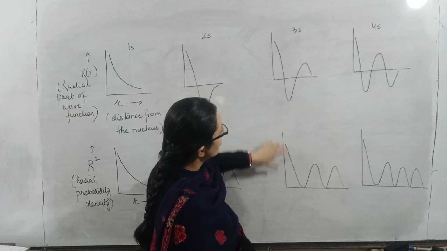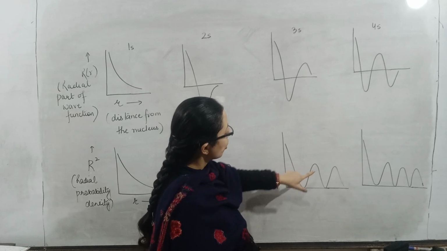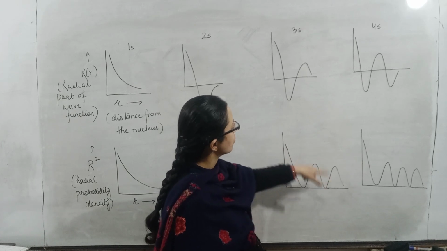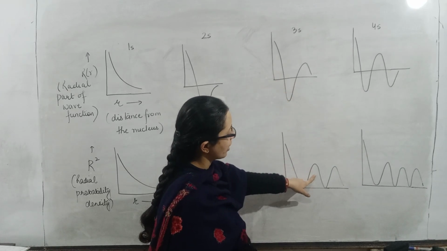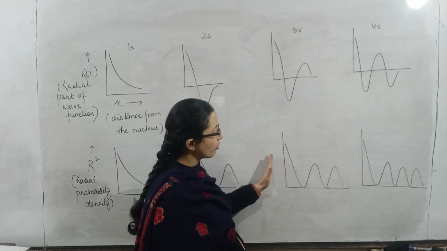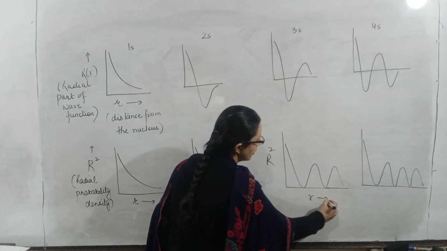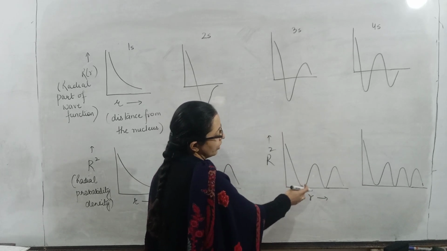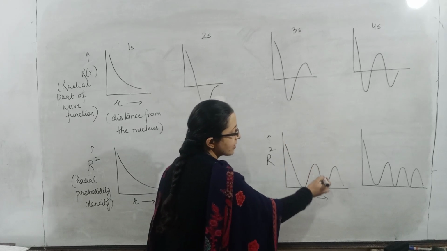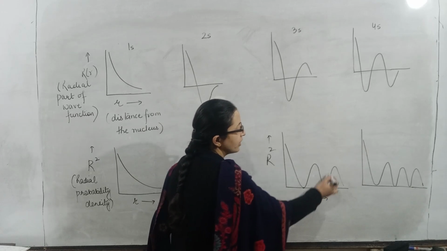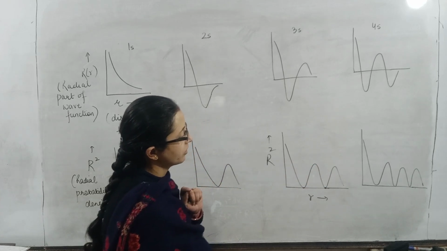And when you square it up, the negative part of the wave function will become positive on squaring. ठीक है? तो यहाँ पर इस तरह से 3 peaks होंगे. So when we take the radial probability density square versus r for 3s orbital, the electron density first decreases, becomes 0, then again increases, again decreases, becomes 0, then again increases, right? So we have 3 peaks for 3s orbital.